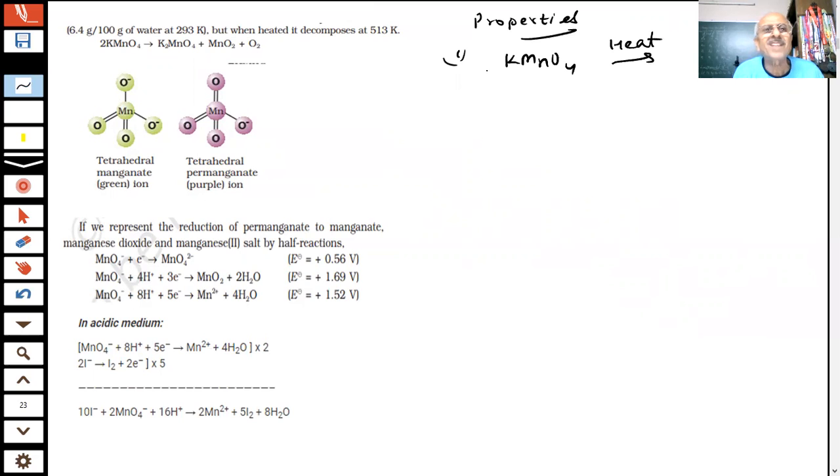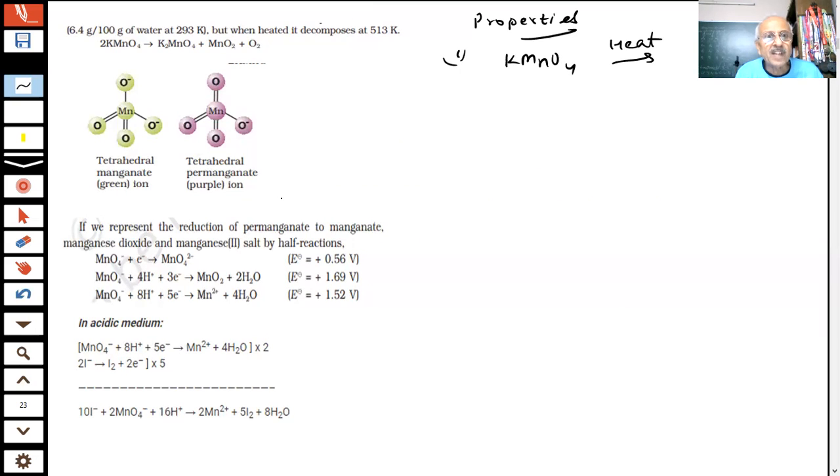You have to complete these reactions. On heating, it decomposes, student. You can see KMnO4 decomposes to K2MnO4, MnO2 and O2. So this reaction is taking place. These are the structures and the colors, purple and green.